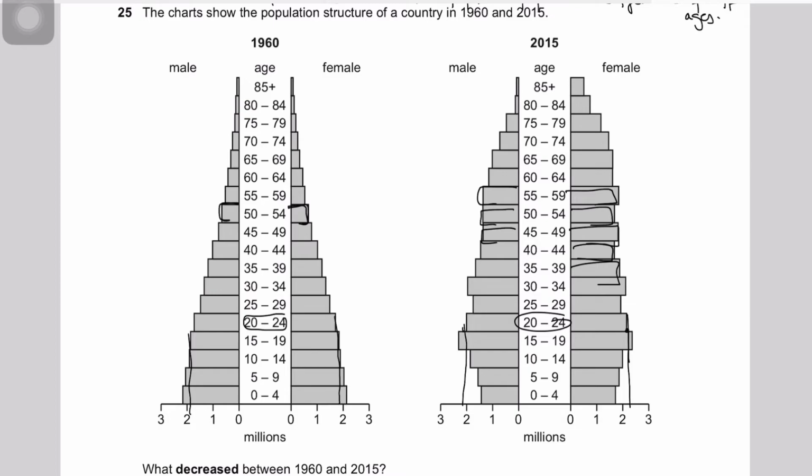Just by looking at a glance, I can see that these boxes are representing a higher value, because in 1960 we could see the population from middle aged till the aged population, where your people are aged around 80, 85 plus.